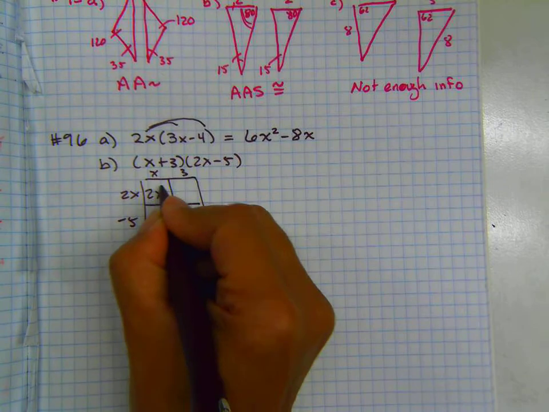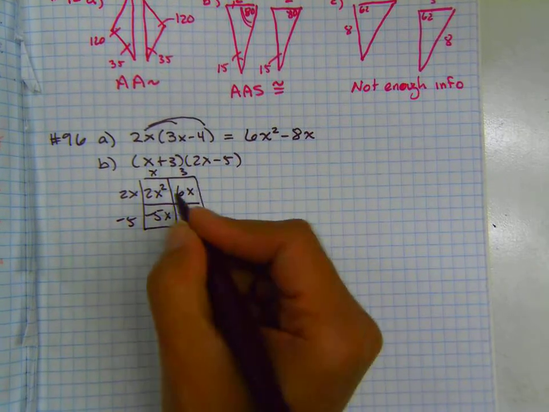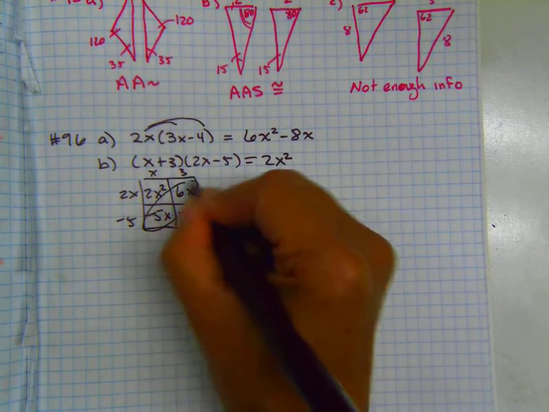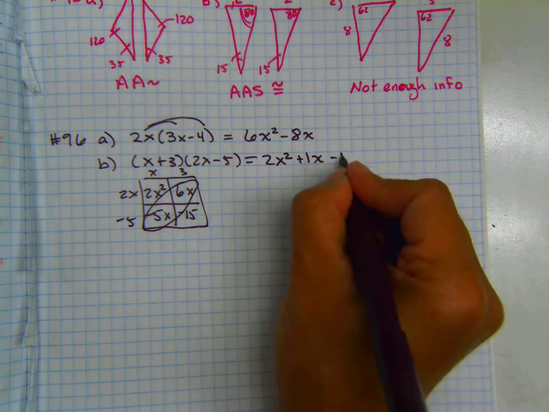so this is 2x squared, 6x, negative 5x, and negative 15, combine like terms. So you've got 2x squared, this combines to 1x, you could just put x if you want, and a minus 15.